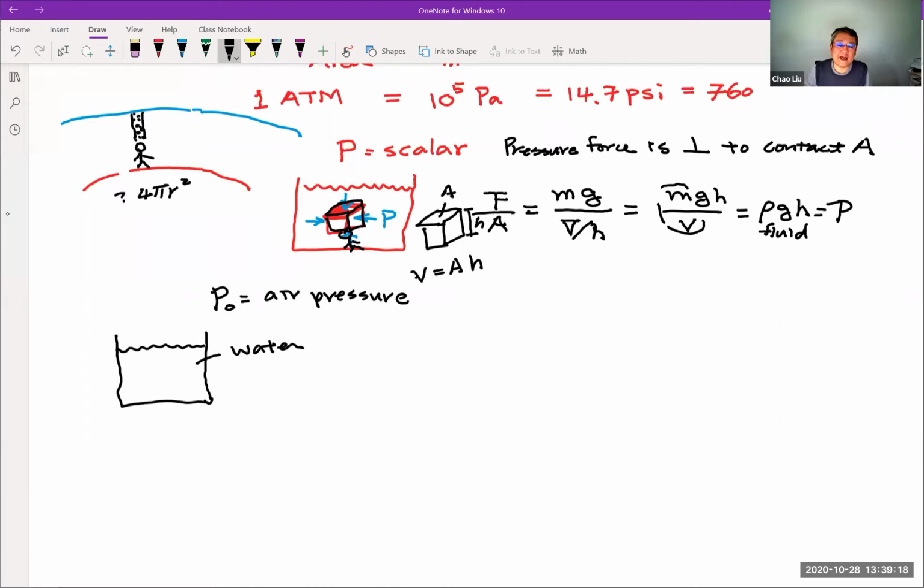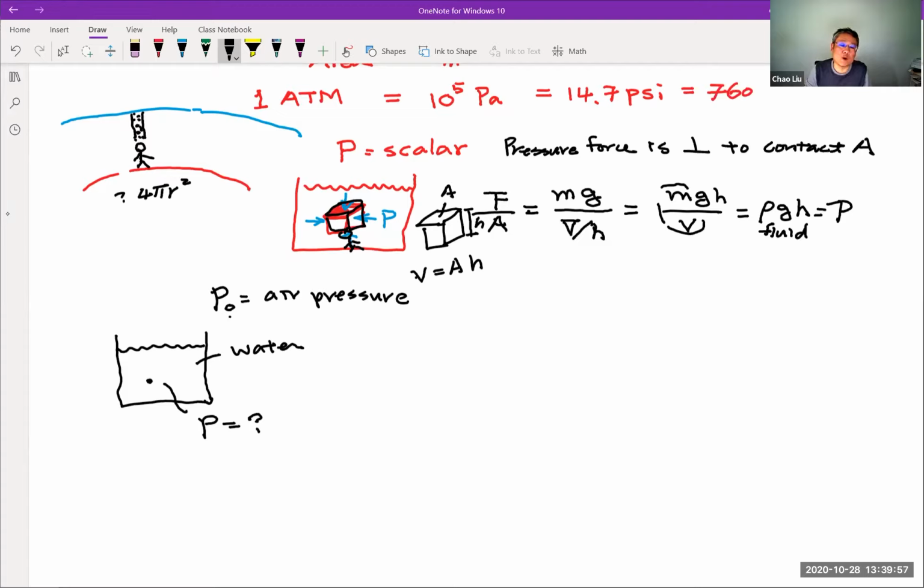And if I have something not on the top of the water, but just below the water, let's say I have an object here. This is the location of my object, and I want to know what is the pressure at that point. Would this pressure equal P0? Would this pressure under the water be the same as the air pressure?